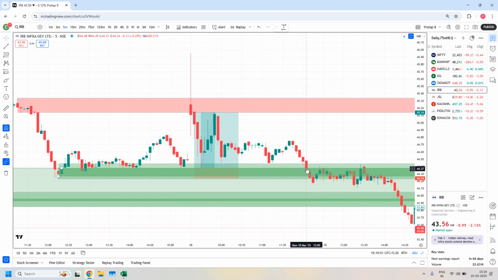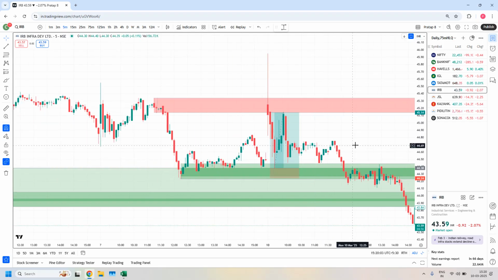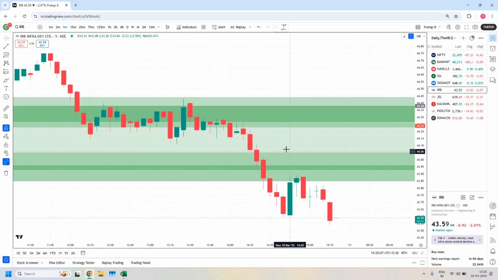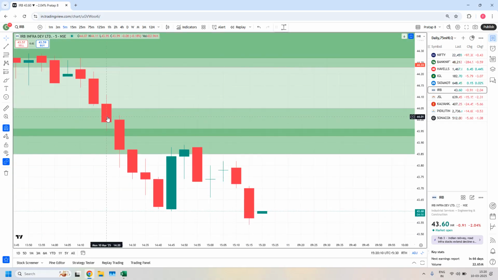Finally, today at around 12:15 or 12:20, this stock reached its expiry date. Okay, but next we got another trade here at 14:20, in the last 1 to 1.5 hours of the trading session.